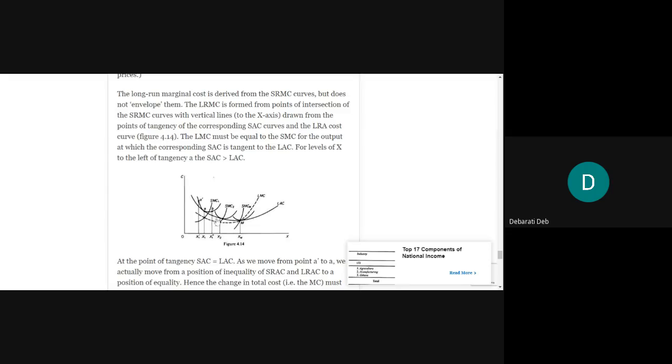They are short run average cost curves. Okay. Now from the point of tangency, in the sense the point at which the short run average cost curve is touching the long run average cost curve, from those points you will have to draw vertical lines and stretch towards the x-axis.